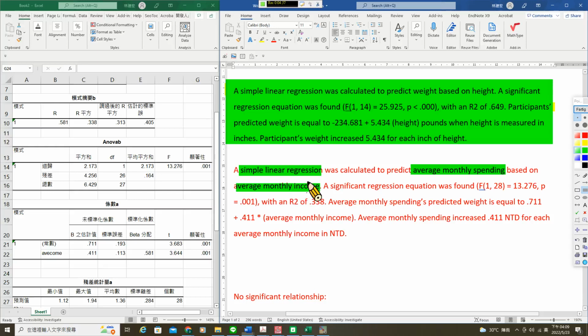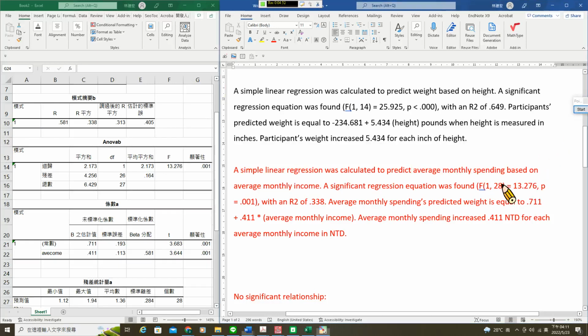So this is X and this is Y, right? Okay, fine. So we identify that a significant regression equation was found. Why is it significant? See, the F value, oh, I simply copied it, so I was wrong. It's 26, okay?